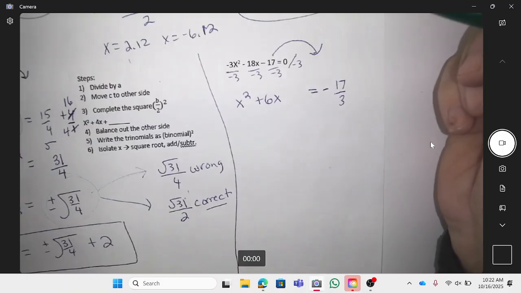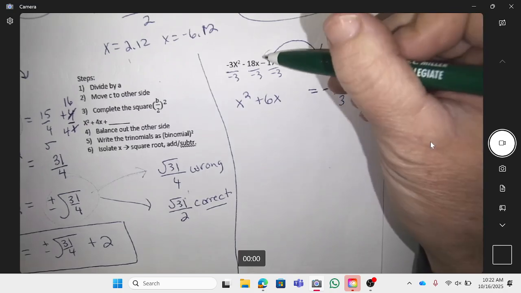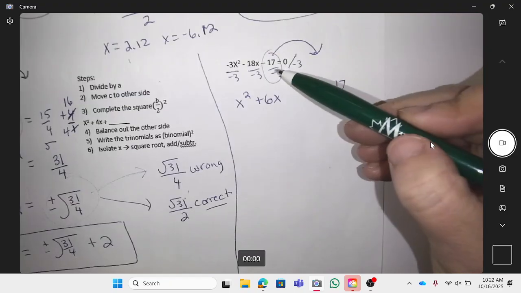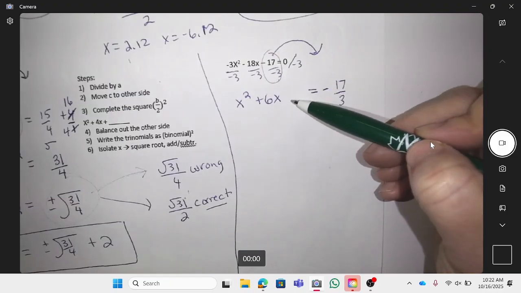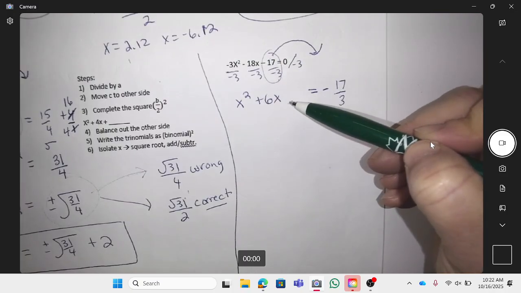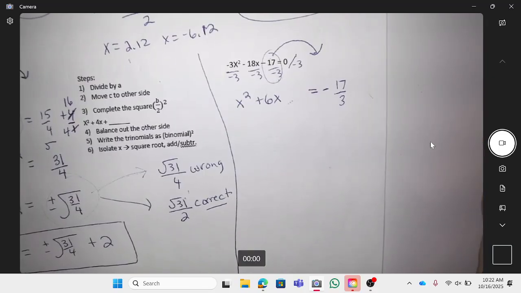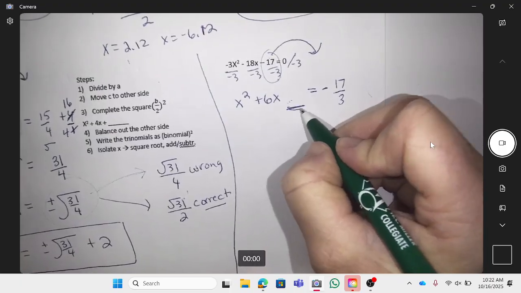Do you understand my positive negatives going on here? Do you see this number here is positive? Do you see that? Negative, negative makes positive. So that's why I'm over here now negative, right? Okay. So here we go.